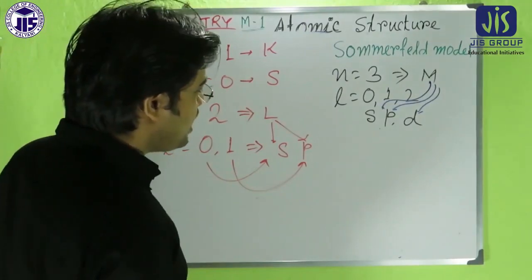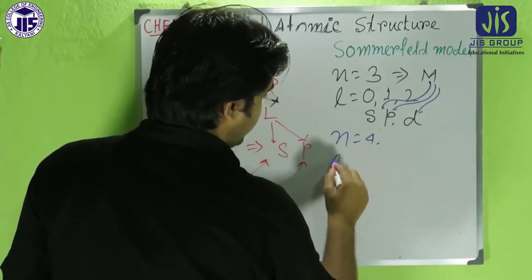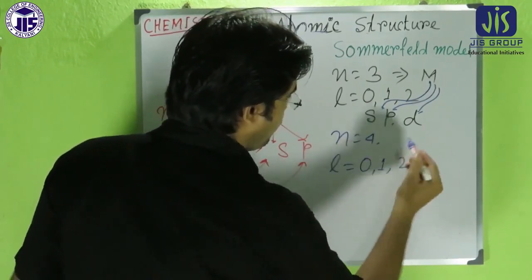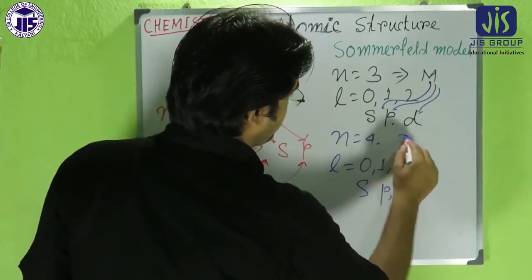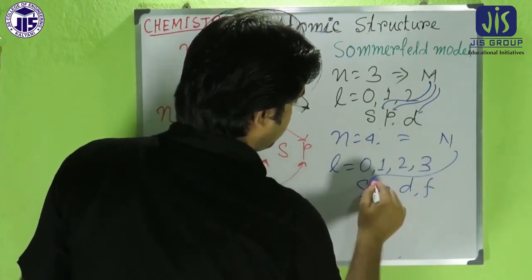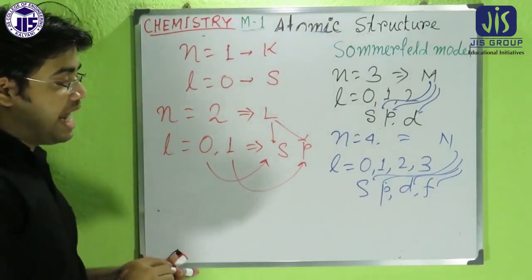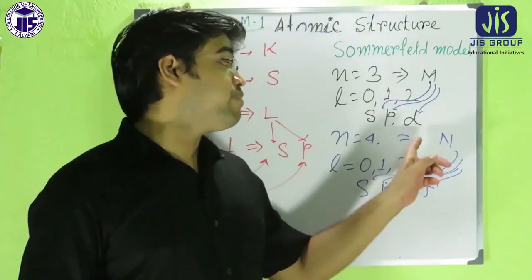And if n is equal to 4, then L is equal to 0, 1, 2, 3. That means S, P, D and F. So the N shell is the combination of S, P, D, F. So those are the 4 subshells which exist in the N shell.